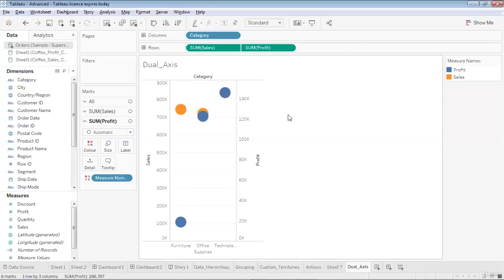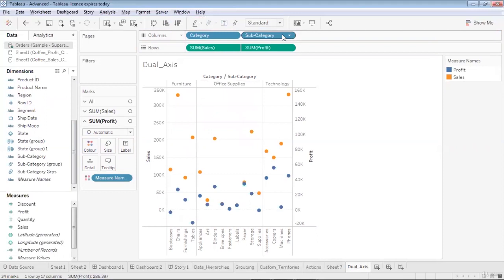The sales are represented by orangish color and the profits are represented by bluish color. Now, if I would like to bifurcate it further, in place of category, let me place subcategory. Now you will see that for furniture, there are subcategories which are generating losses for me.